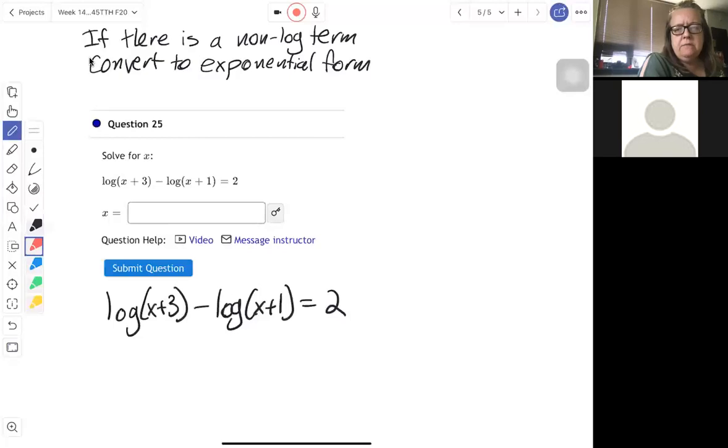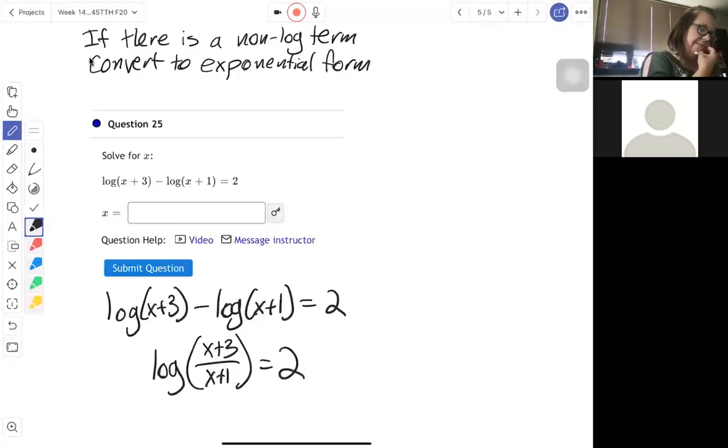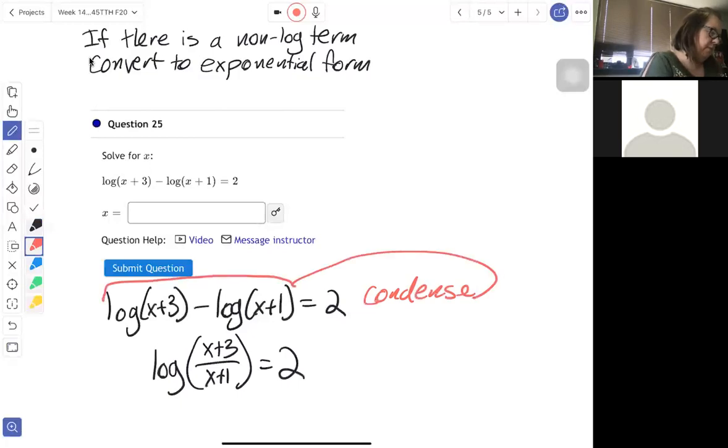It's not addition. I've got 1 positive log, 1 negative log. So if I push those together, that's going to give me a single logarithm with a numerator from the positive log, x plus 3, and a denominator from the negative one, x plus 1. I'll put those two together.